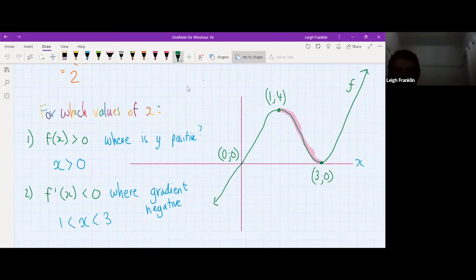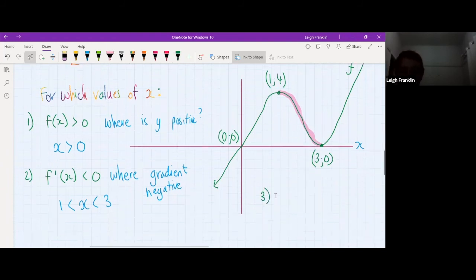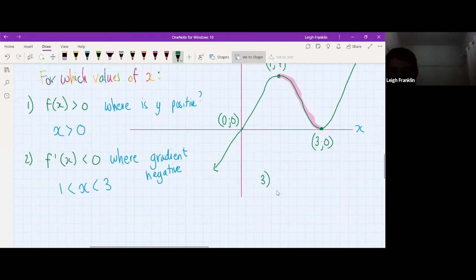If they asked you question number 3, the opposite, where is gradient positive? F prime x greater than 0. How would we answer that?